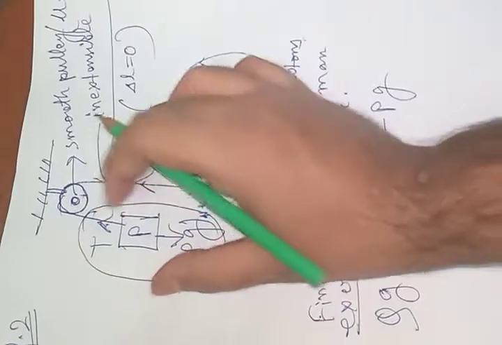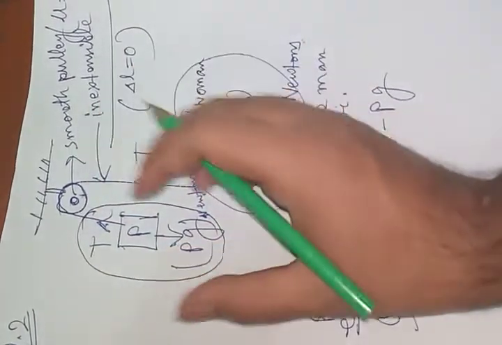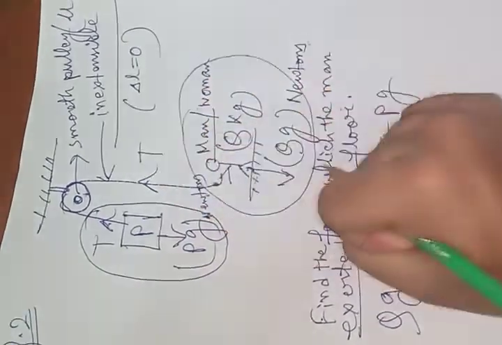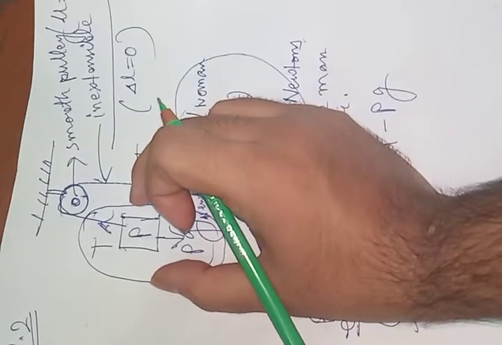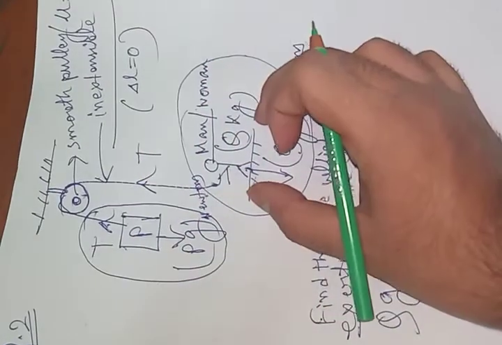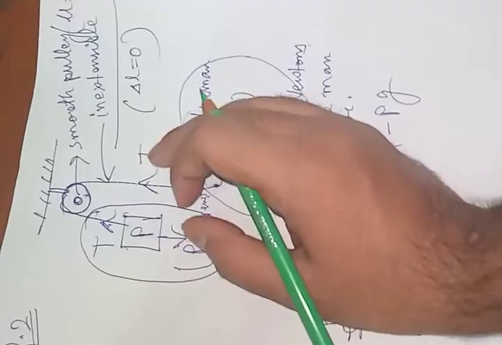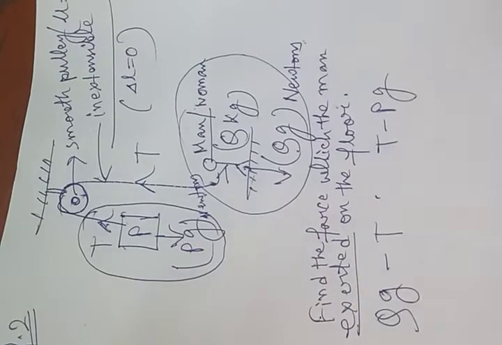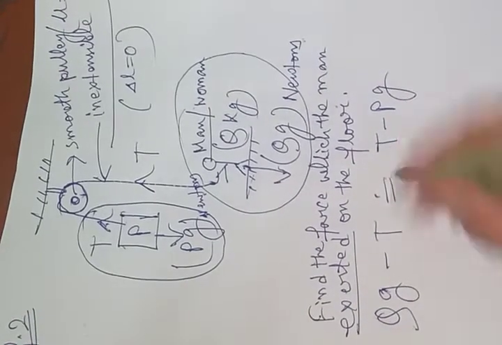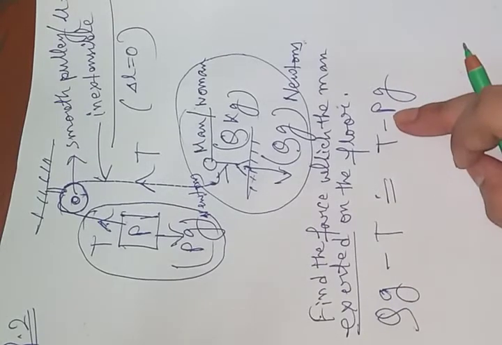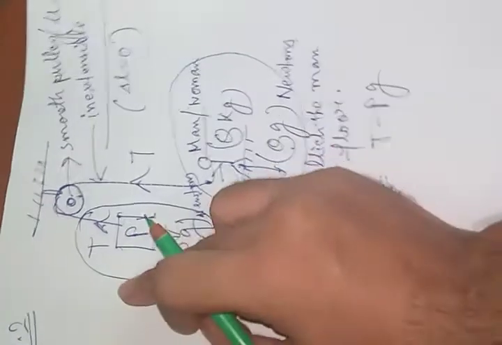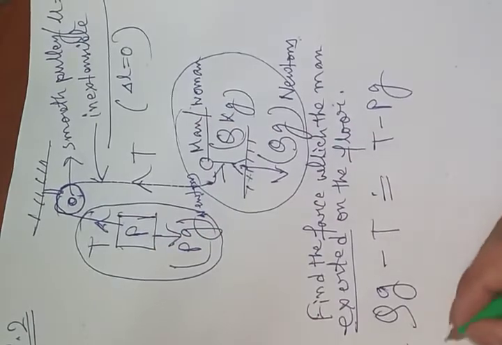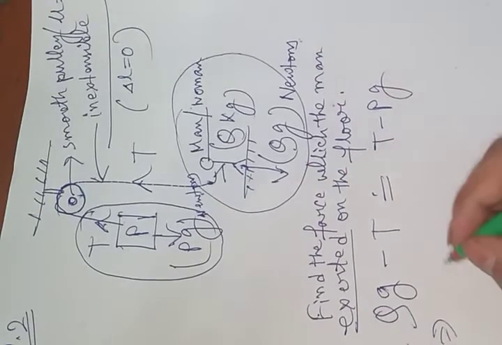So the block will not fall down, such that the man pulling it downwards, and this force exerted on the floor due to this man is not allowing this block to fall down on the floor. So that means these two net forces should be equal, so that this P block will not fall to the ground.